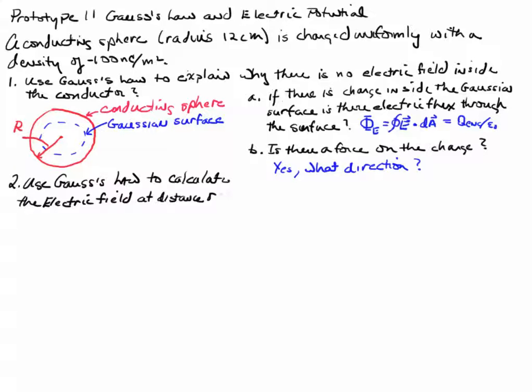Now use Gauss's law to calculate the electric field at some distance r, where r is some distance outside the conducting sphere. We can start with the integral of E dot dA equal to Q enclosed over epsilon naught, and of course, that should be the closed integral.